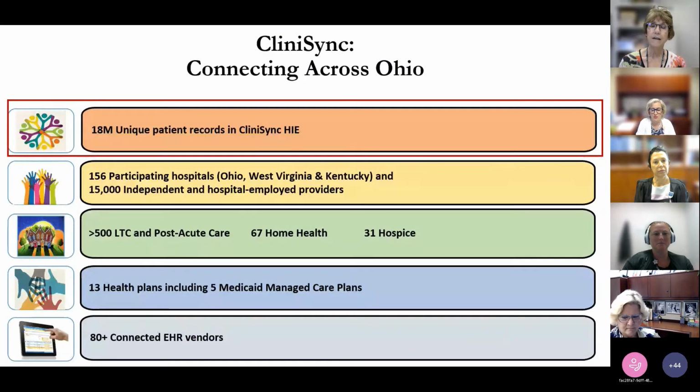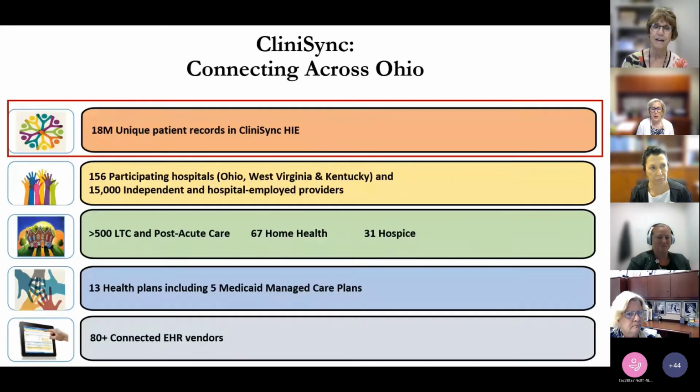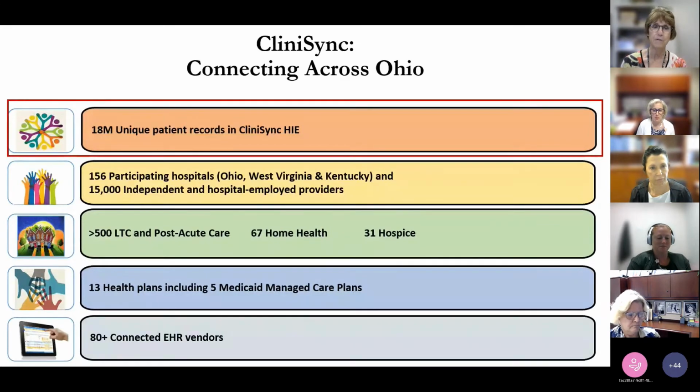Okay, many of you who may deal with CliniSync may have seen a similar slide in the past, but let's break it down and talk about what happens with the data. So CliniSync overall as a network has information available for 18 million patients. Now, it isn't something where we have a data warehouse located in some huge center with 100 million computers running.